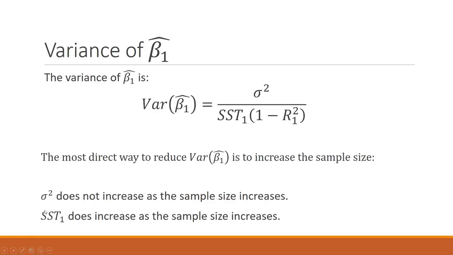However, the amount of variation in your independent variable x does increase as the sample size increases. So if you increase the sample size, SST will get larger, and nothing will happen to sigma squared. And so your overall variance will go down. So the most direct way to reduce your variance is to increase your sample size.